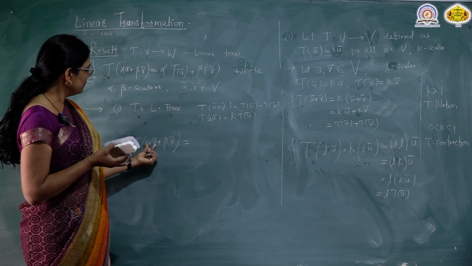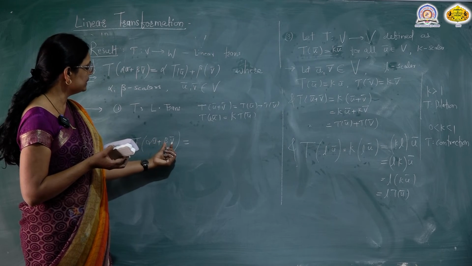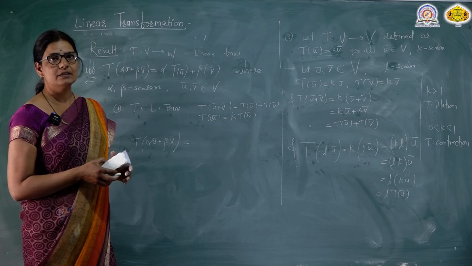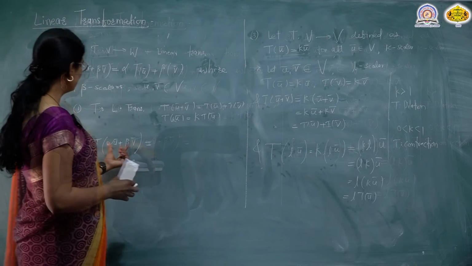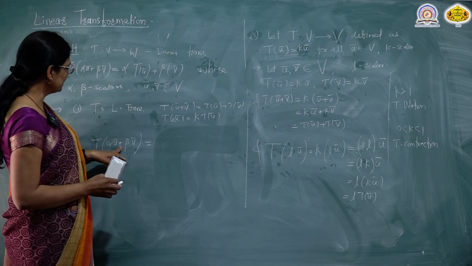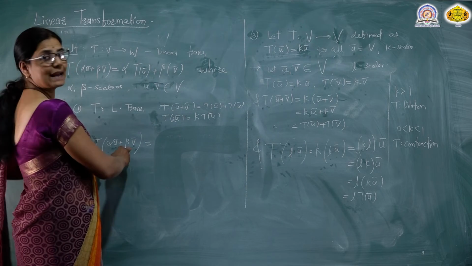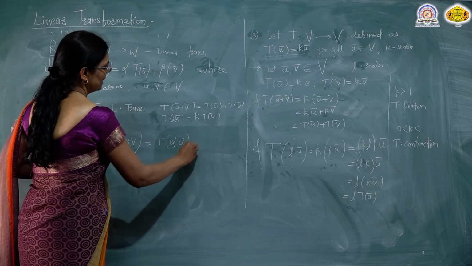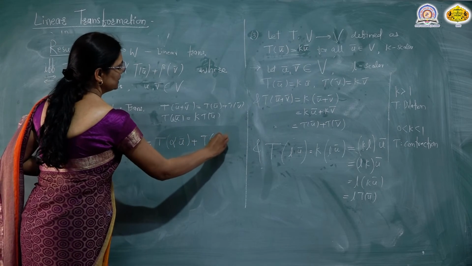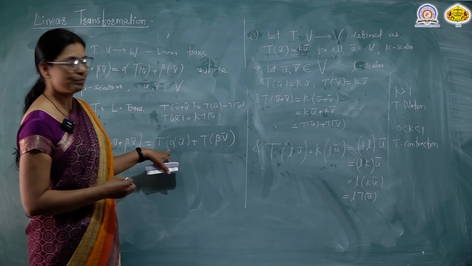So here alpha u bar as well as beta v bar and alpha u bar plus beta v bar are the elements of vector space V. So first of all we treat these as two vectors, alpha u bar plus beta v bar, and because of the first property this can be written as T of alpha u bar plus T of beta v bar. So we use here the first property.